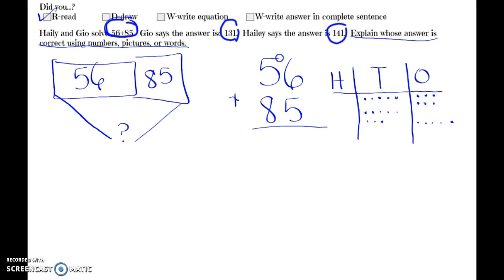Now I'm ready to find the sum. I know when I look at my problem, I have more than 10 ones, so I can bundle 1 ten. So there's 5, 6, 7, 8, 9, 10. I'm going to move that one bundle over to the tens place, and that's going to give me one new unit.